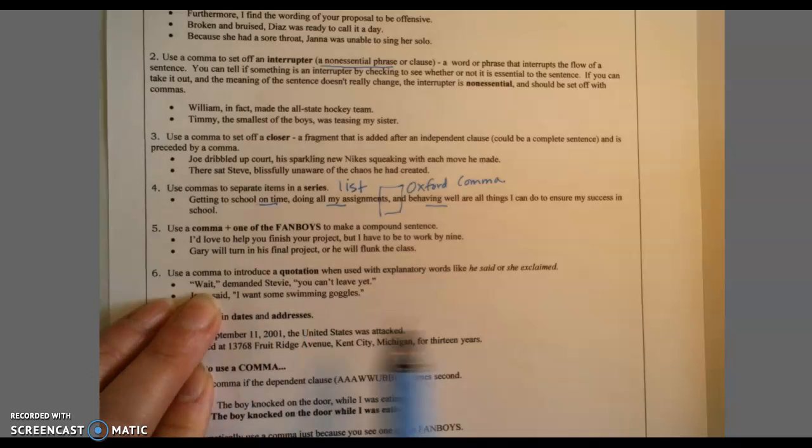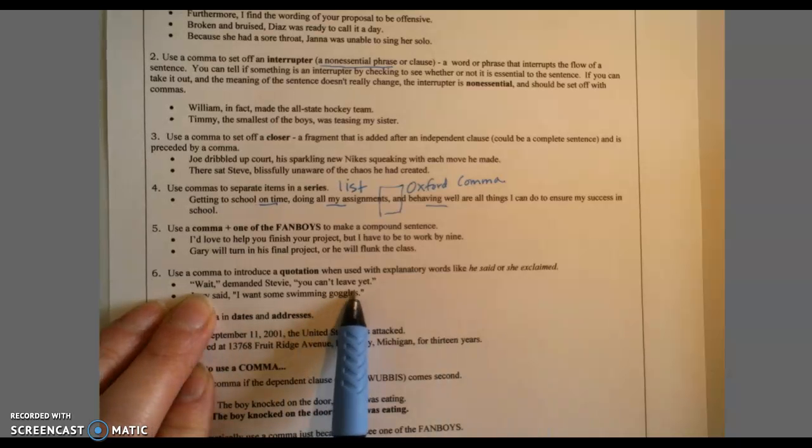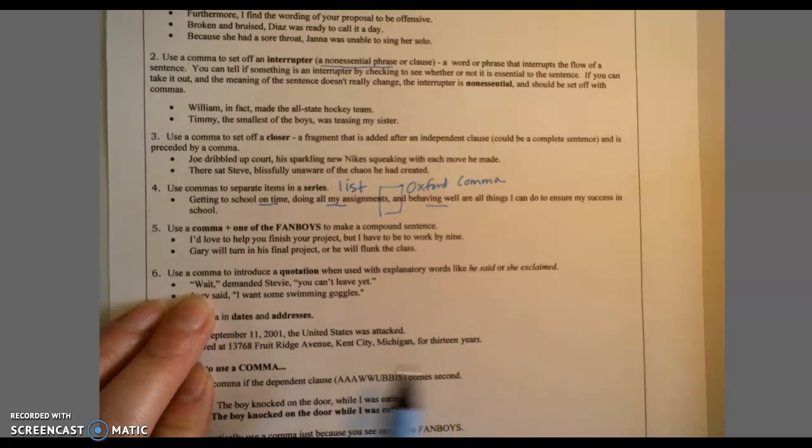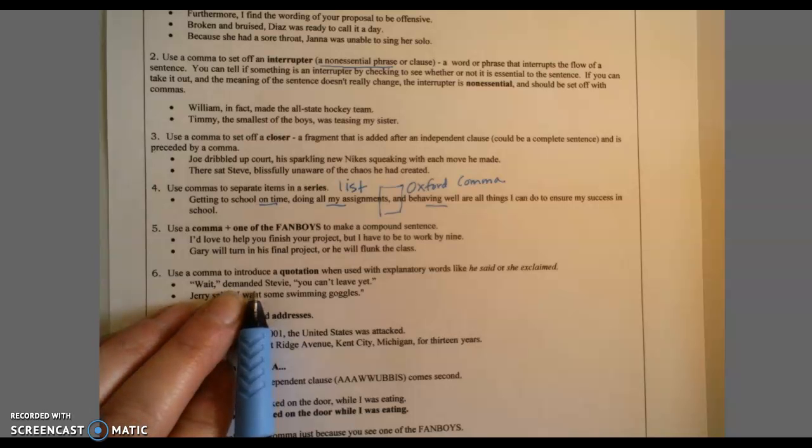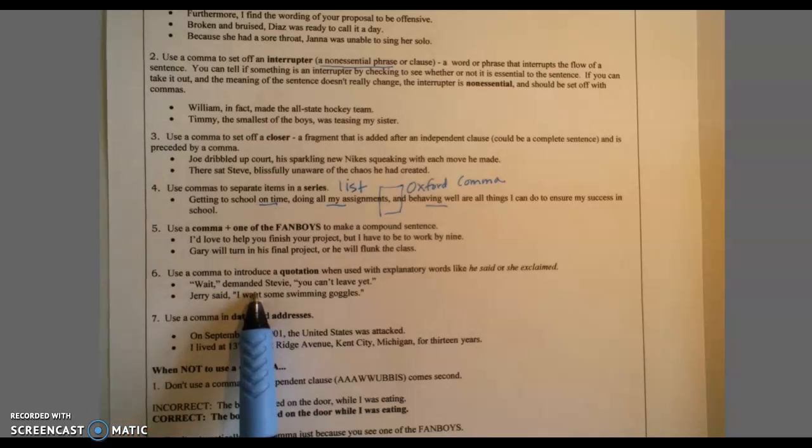So Stevie is actually saying, wait, you can't leave yet. That's his whole quotation. But the writer decided to interrupt the quotation with this narrative piece, demanded Stevie. That way we know who's saying it and how Stevie is saying it.